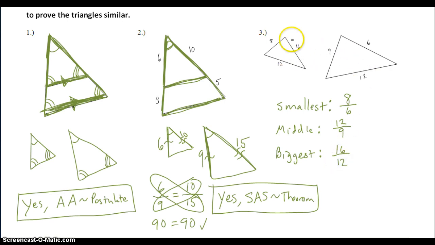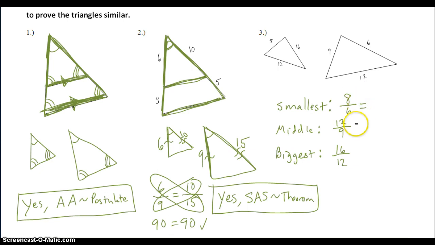If you look, these triangles aren't drawn to scale. They're labeled correctly, but they're not drawn to scale. Make sure you're comparing smallest sides to smallest, biggest sides to biggest, and the middle sides to the middle sides.